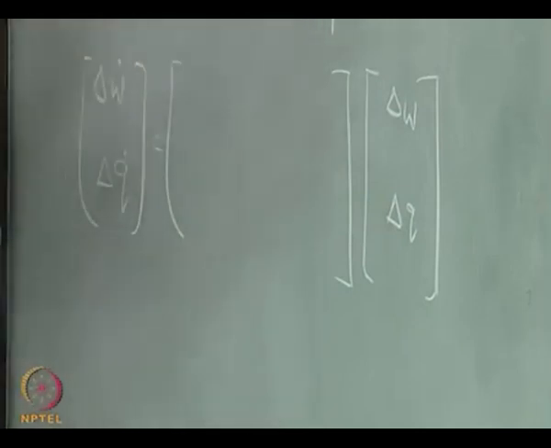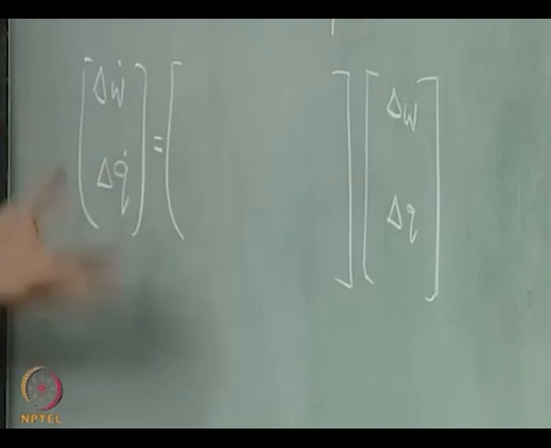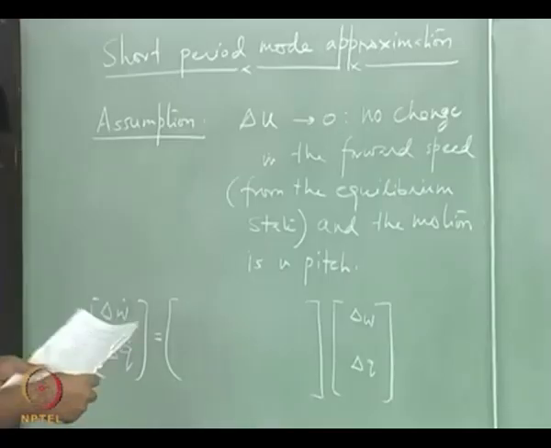And when we are looking at stability, we are actually looking at the free response, right. So, we are not applying any control. So, the simplified model for the short period mode approximation is this.